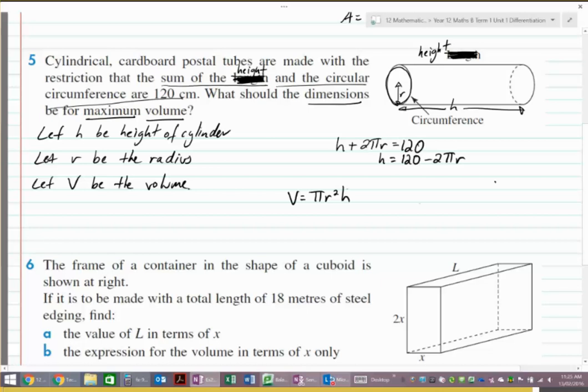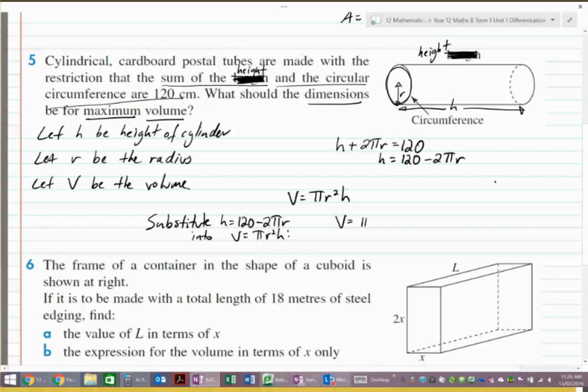If I rearrange for r instead, I would be substituting into r, and I'd have to square it and it'd get really messy. So from here, substitute h equals 120 minus 2 pi r into v equals pi r squared h.